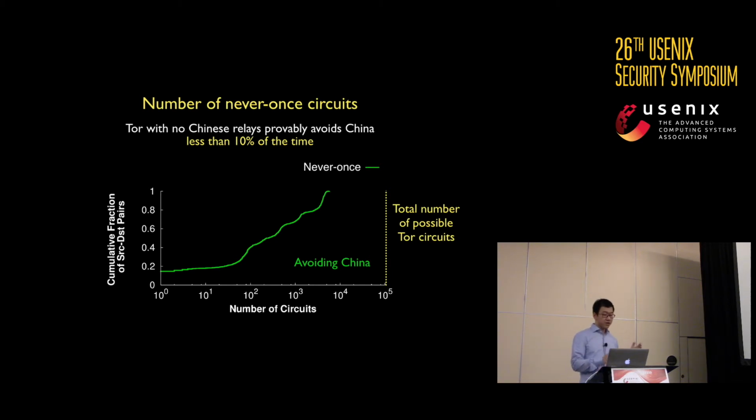By comparing these two lines, we find that a Tor circuit constructed with no Chinese nodes can properly avoid China only in less than 10% of the time. This basically shows the power of DeTor. And it also shows that simply relying on Tor's random selection, we can hardly obtain a provable avoidance.